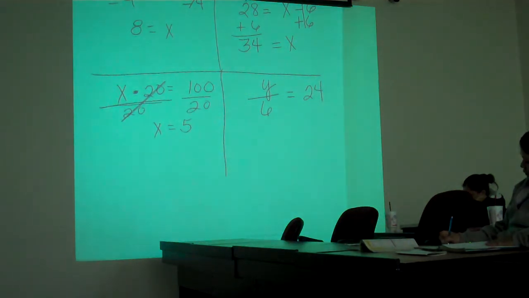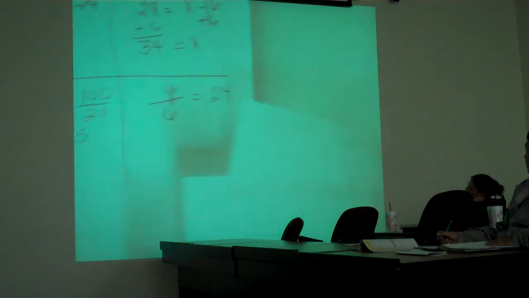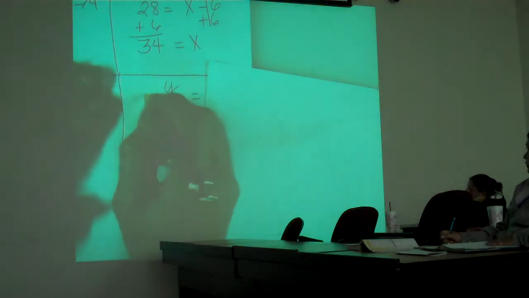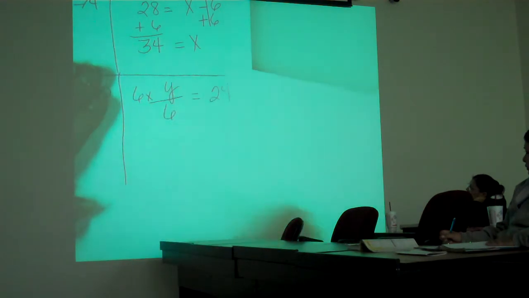Don't tell me 4. 6 times 4 is 24, but 4 divided by 6 is not 24, right? Okay, look at this side where the variable is. y is divided by 6. What's the opposite of dividing by 6? Multiply. Multiply by 6 on both sides.